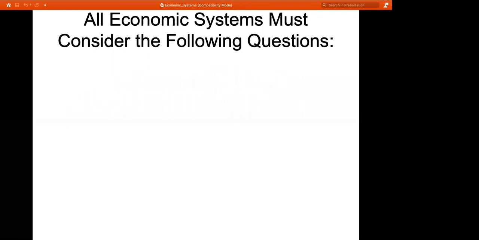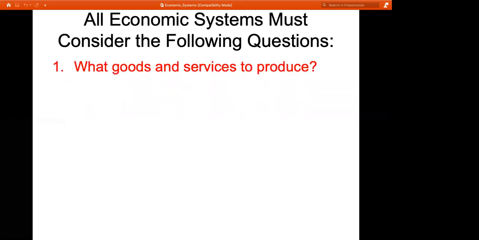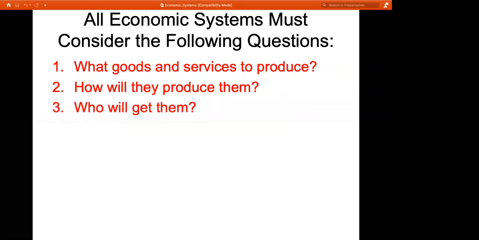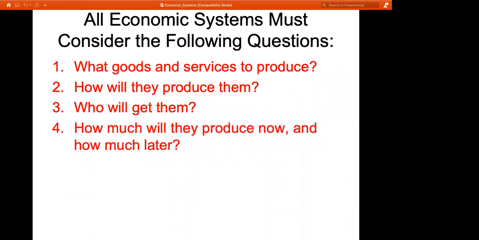All economic systems must consider the following questions: what goods and services to produce in an economy, how to produce them, what are the means and ways, and who will get them. Who is the ultimate consumer of a product, and how much will be produced now and how much later?